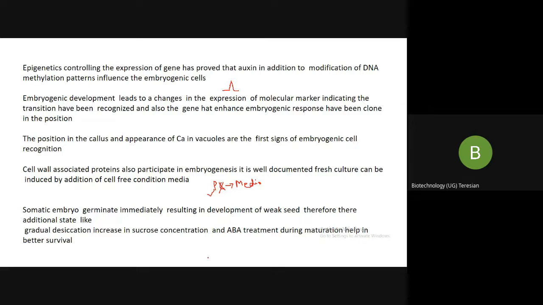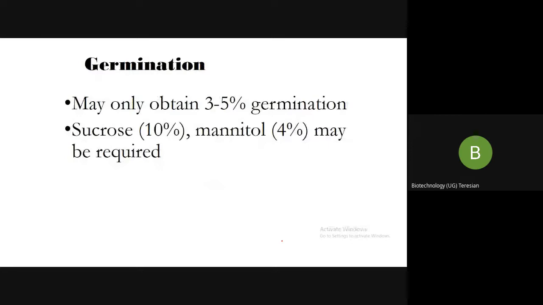So you can gradually go for the desiccation, that is the drying, increasing the sucrose concentration, and abscisic acid treatment during maturation can help us to get better cells for survival. So for germination, you may obtain 3 to 5% of germination. Sucrose like 10%, mannitol 4% may be required.